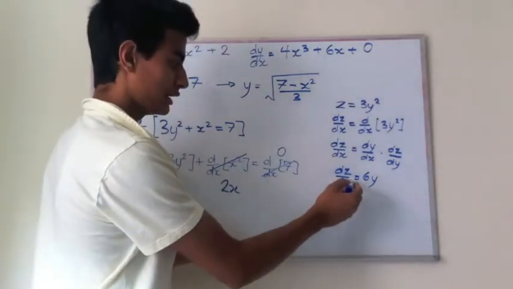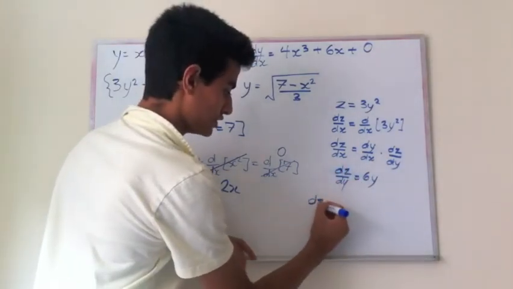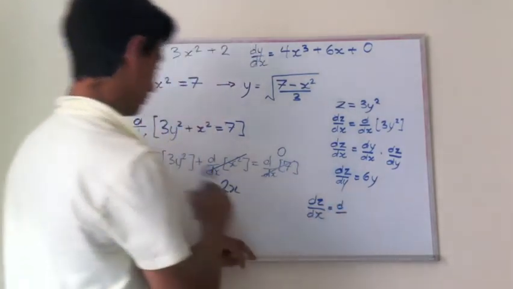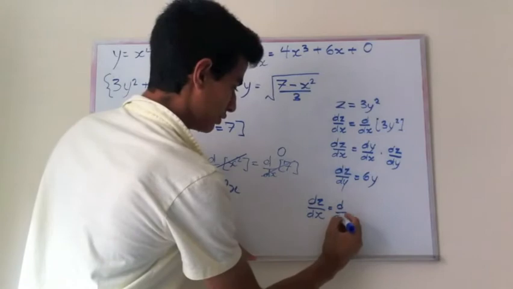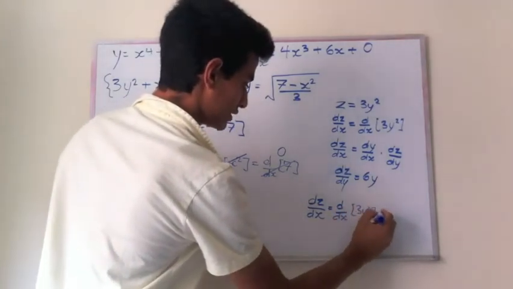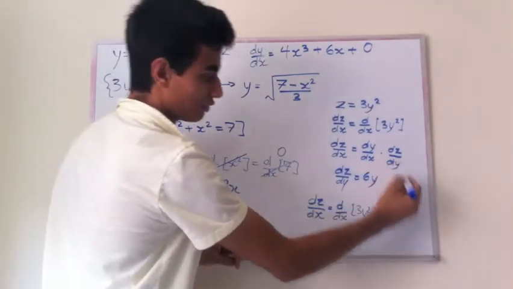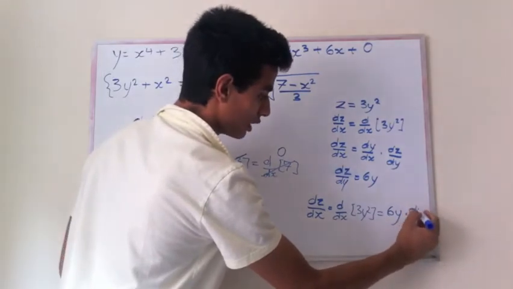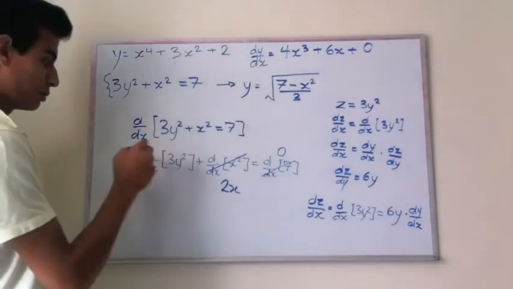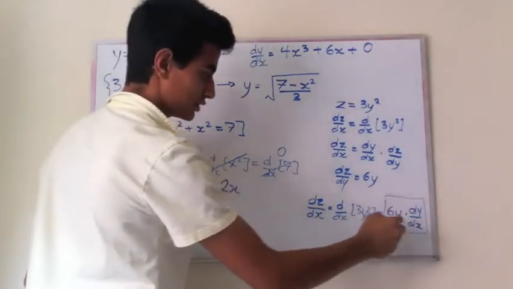So now if we multiply 6y by dy over dx, we get that the derivative of z, or if you want to write it in a form that mimics this, the derivative of 3y squared, is going to be equal to 6y, because that's dz over dy, times dy over dx. So we can replace this with this because of the chain rule.